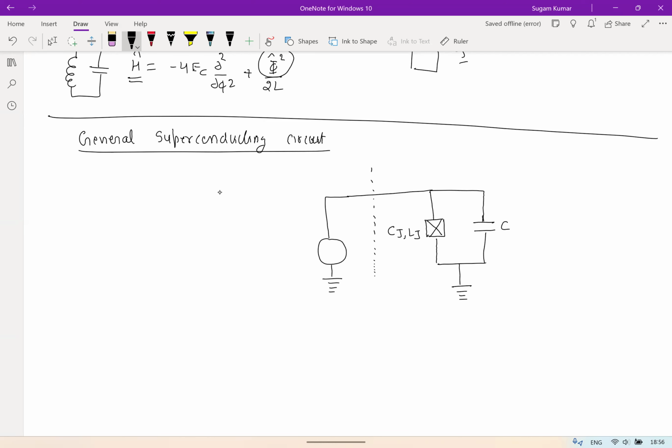Now it depends, we can make some changes here, depending on what kind of qubit you're going to use. So for example, if you have a phase qubit, you're going to have a current source here.